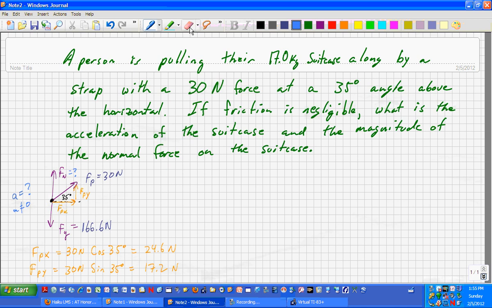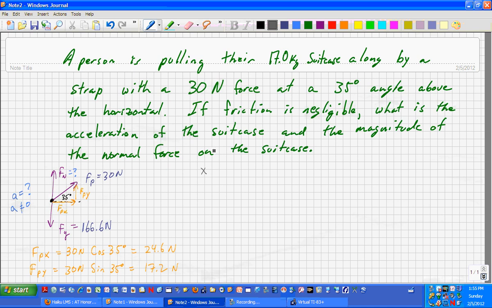We'll work on that assumption. So after evaluating motion, then we use some of the forces. So let's go to our x direction, because that's going to be the direction that this is moving. It's going to be moving horizontally. It's not moving up and down.